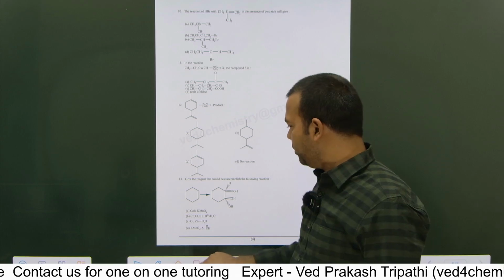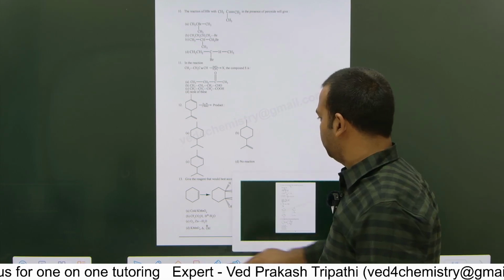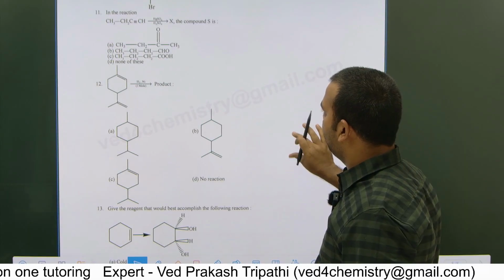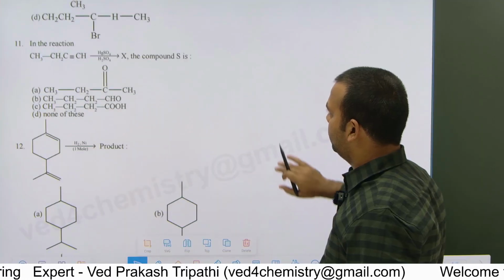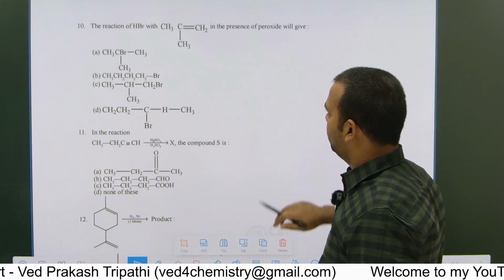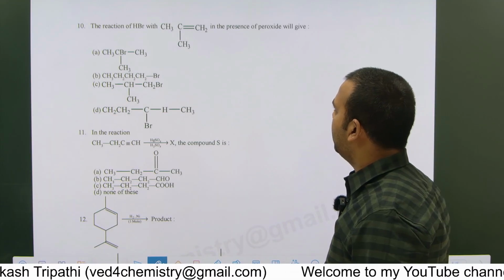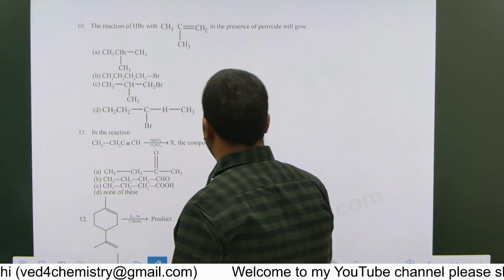The next question, number 10. The reaction of HBr with this alkene in the presence of peroxide. So this is anti-Markovnikov addition of HBr.